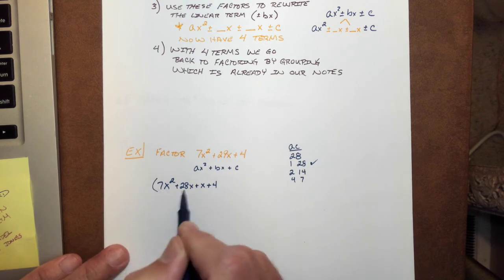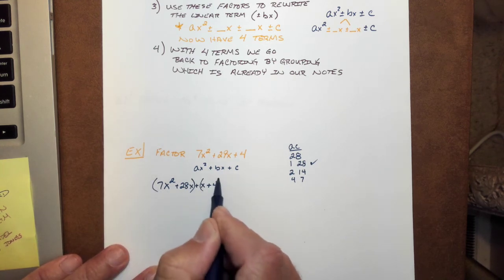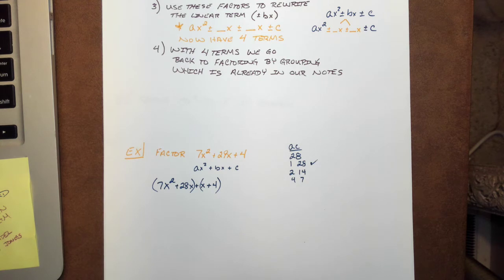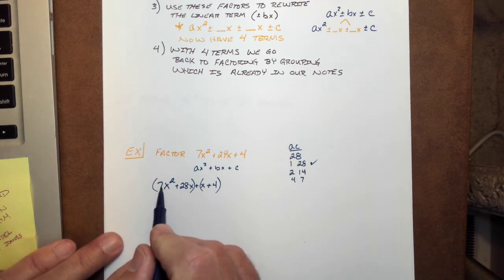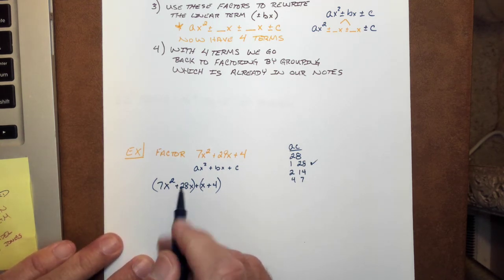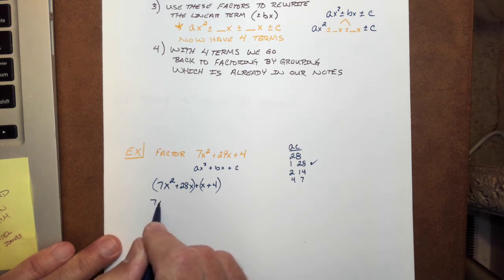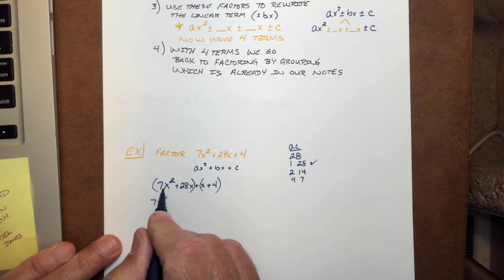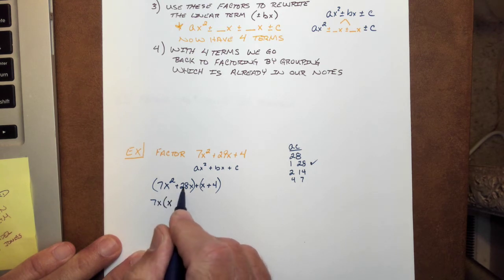So now what do I see? I see grouping going on between my two terms. So what's my GCF between these two terms? That's going to be a 7x. So it gets factored out. Divided by 7x leaves you with x. Divided by 7x leaves you with 4.